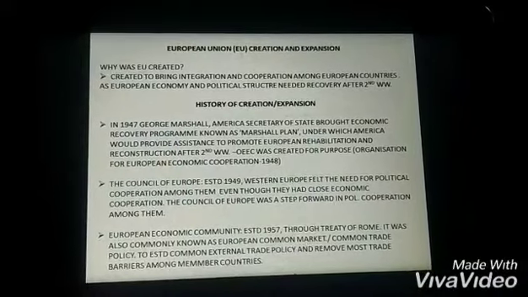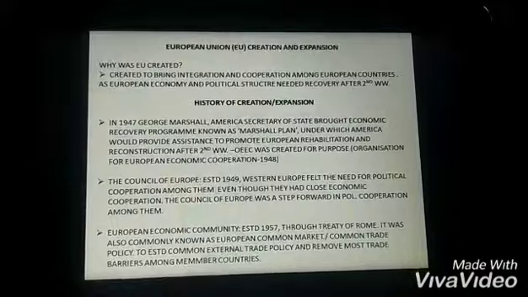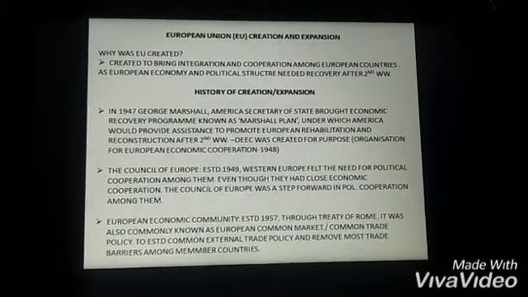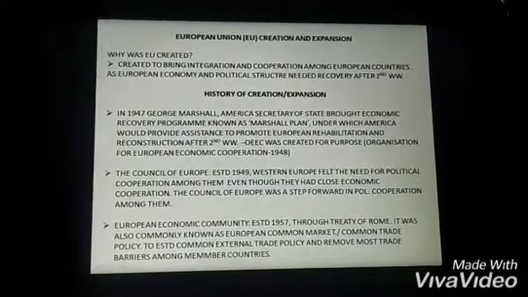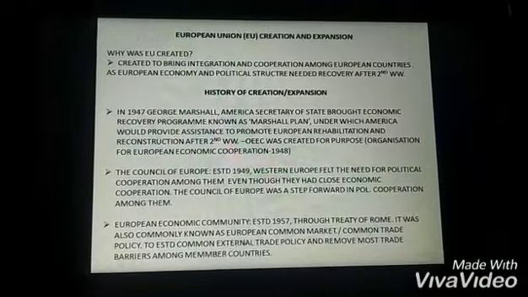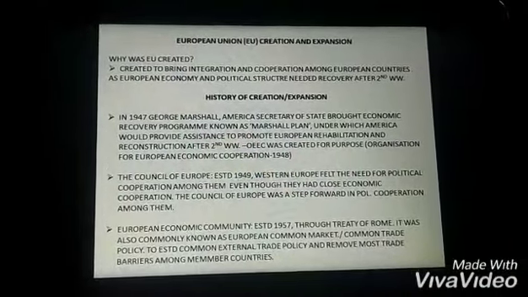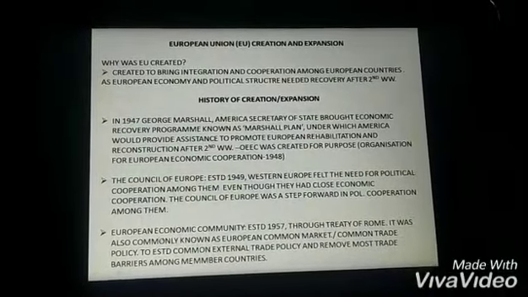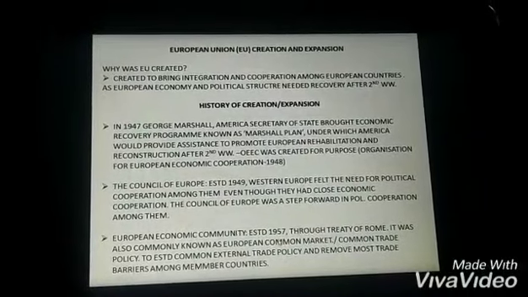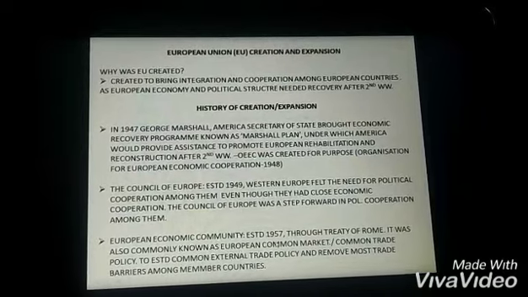They will charge each other a lesser amount of trade taxes, or whatever can bring good cooperation among themselves. Those kinds of ideas were created through this European Economic Community, which was established in 1957.